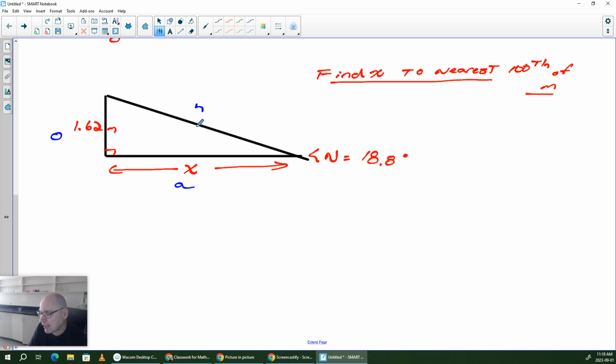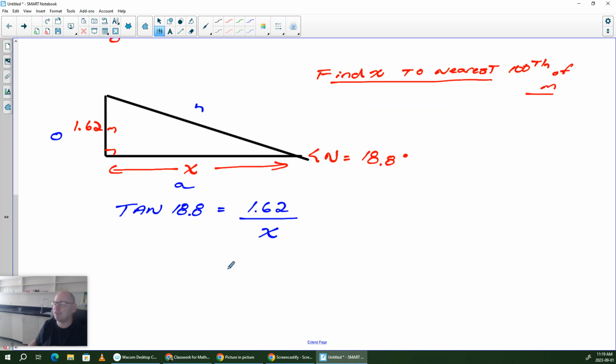So I know that tangent of N, which is 18.8 degrees, equals the opposite side, which is 1.62 meters, over the adjacent side, which is x.